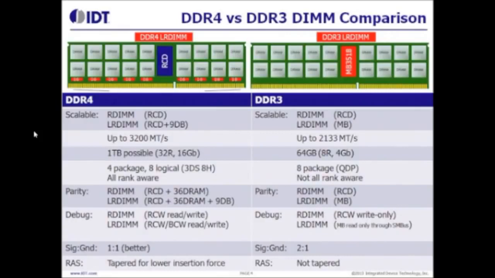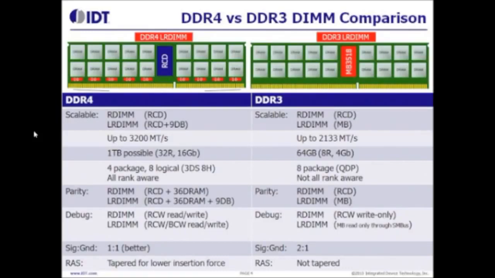Therefore, all of the software used to control the DRAMs through the RCD on a DDR4 RDIMM can be reused for controlling DRAMs on LRDIMMs, hence the scalability. In addition to the register, the LRDIMMs also have 9 data buffers located between the lower DRAMs and the edge connector. The data buffers are controlled through the register and intercept the memory read-write data.